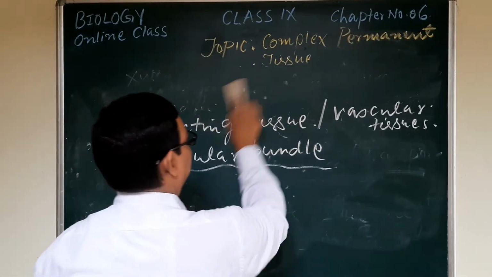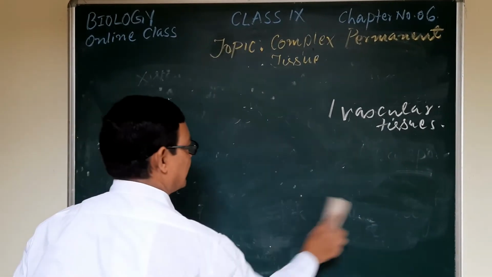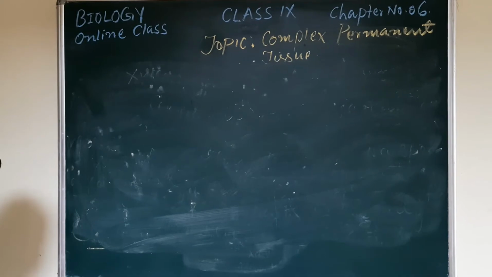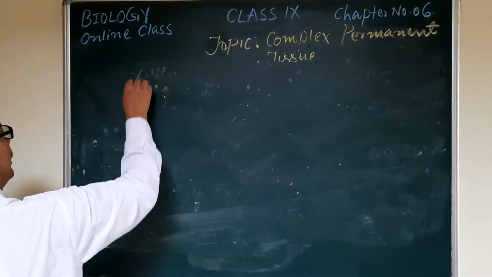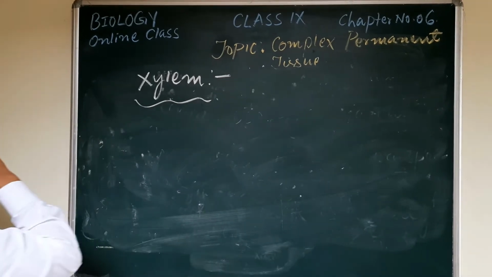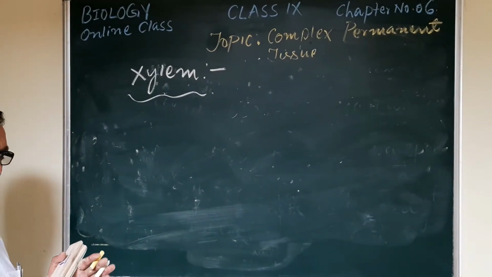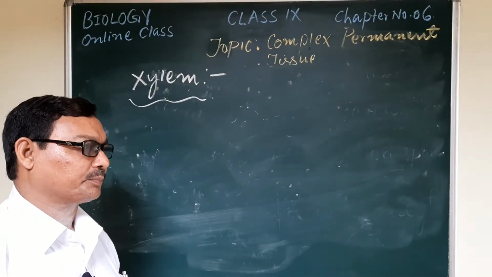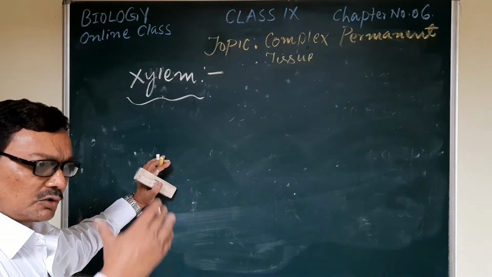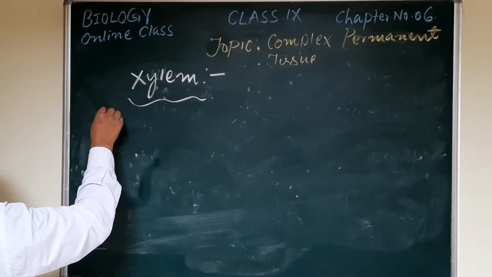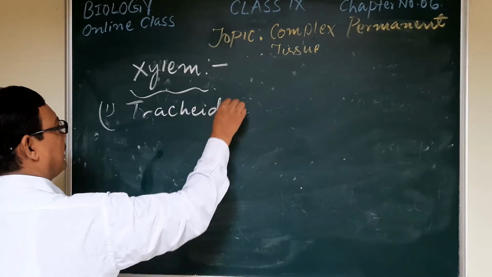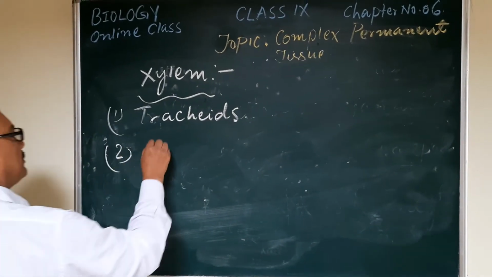Now let us come to know about the different elements, that means the different types of cells which compose the xylem and the phloem. There are some cells you may be familiar with. The different types of cells which make up the xylem are called the elements of xylem, or the component parts of xylem. Number one, tracheids. Number two, vessels.